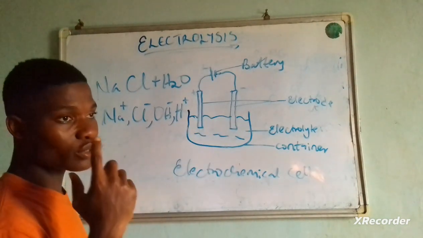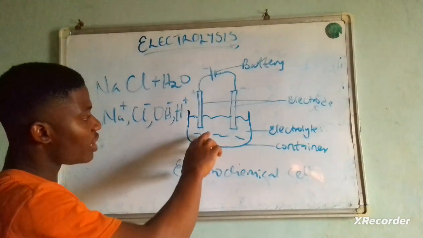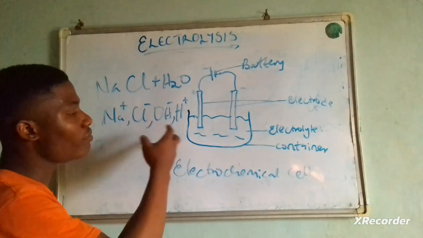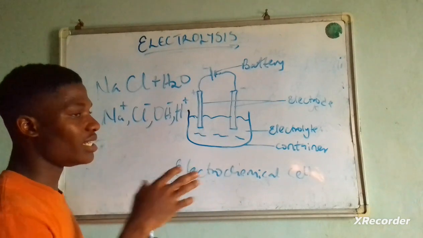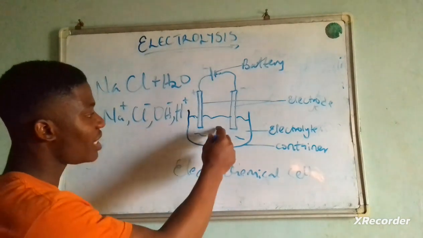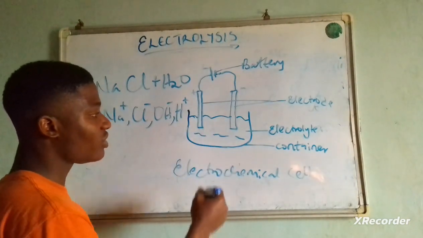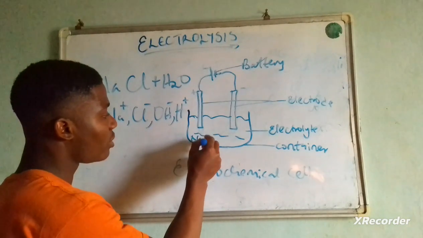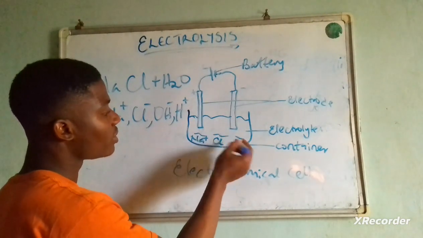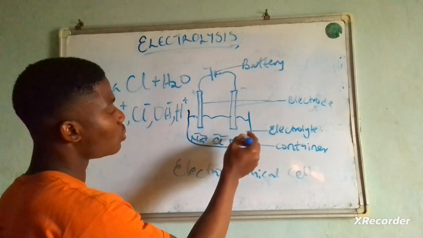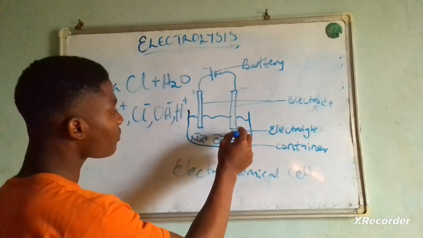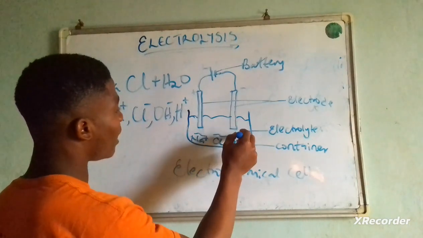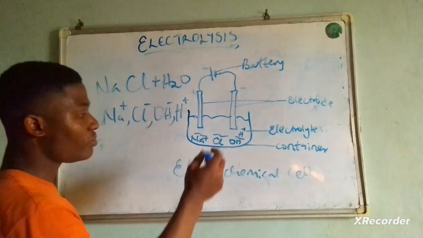Remember I've told you that when we mix a compound with water, the ions are split. So the ions here are already split. Let's just say we have sodium chloride. We have sodium here, and we have chlorine, and we have OH, and also we have hydrogen.